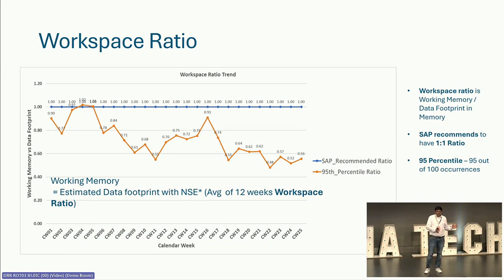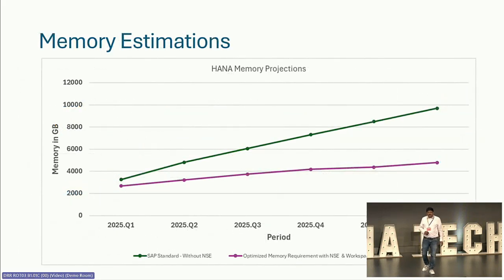So now we have the estimated data footprint with NSE effects. Now we need to apply the workspace ratio factors on top of that. To be on the safer side, I took the last 12 weeks average, which is up to a quarter. Not a bad sampling. And then finally, your predictions would look something like this.